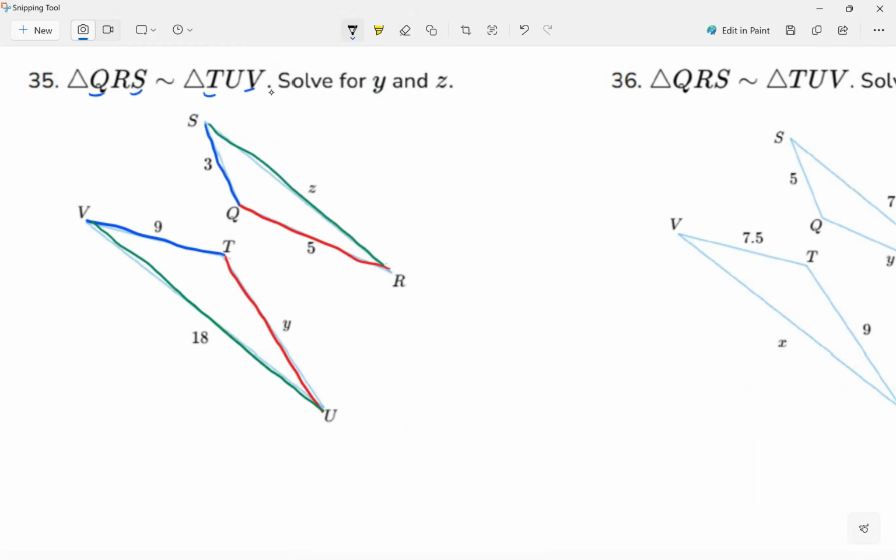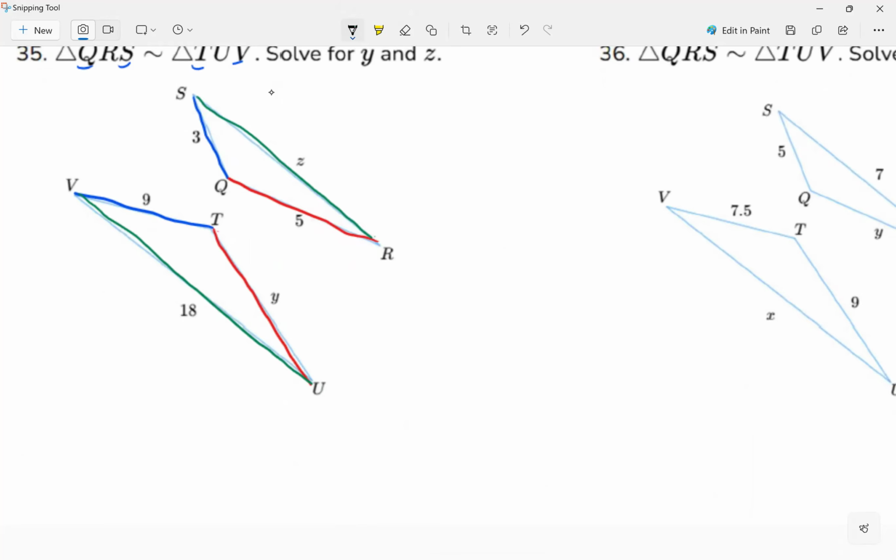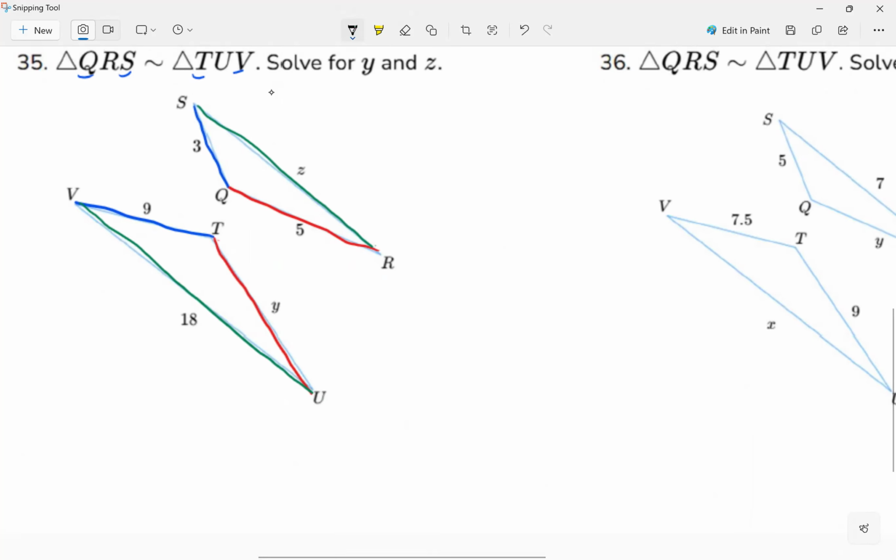Now, in this case, actually, let me write my three fractions, just because I'm solving for two letters. From the picture up here, for the triangle QRS, let me write my three sides.